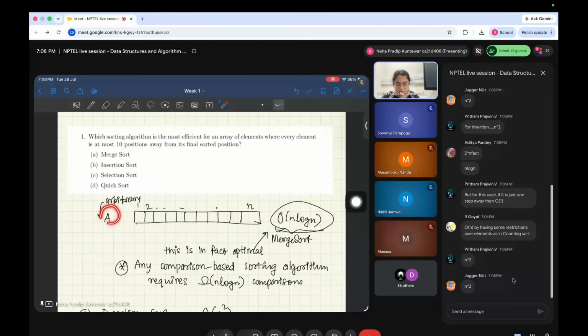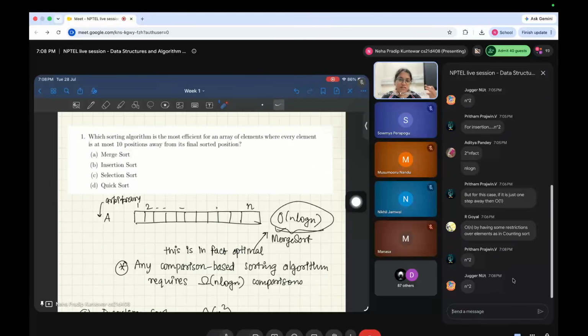Now consider a slight modification. Instead of giving you an arbitrary array, we are giving you some guarantee. The guarantee is that every element in this array is at most 10 places away from its correct position. If you look at this element, for example, it should lie somewhere within these 10 boxes. That is true for all the elements.